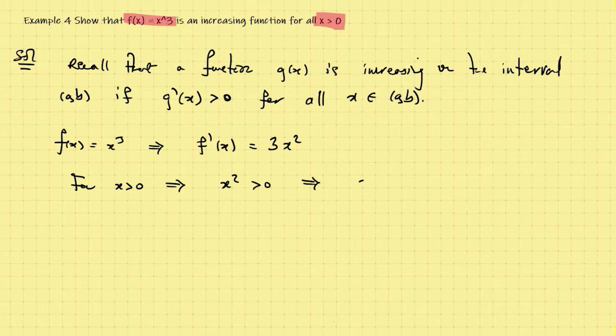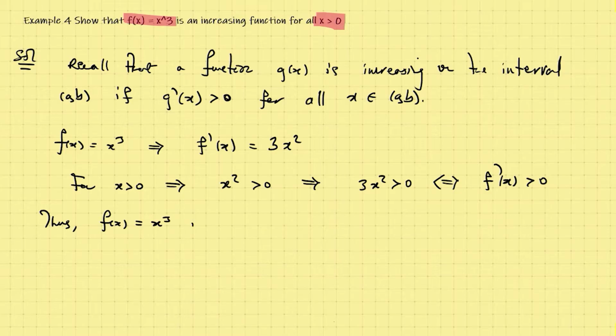And if I triple everything, it's still bigger than 0, which is the same thing as saying f prime of x is bigger than 0. Therefore we can conclude that f of x equals x cubed is increasing on (0, infinity), which is the same as x being bigger than 0.